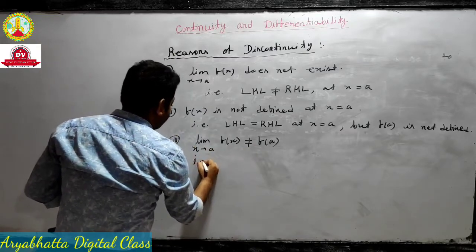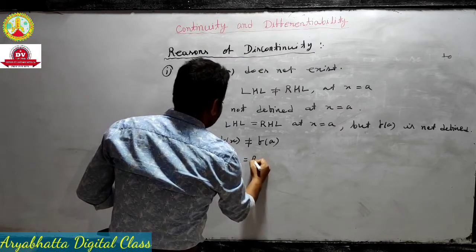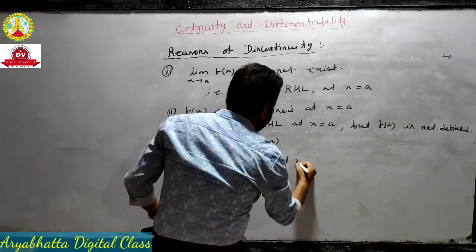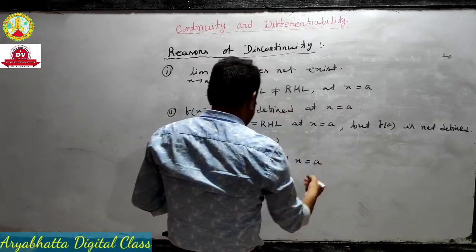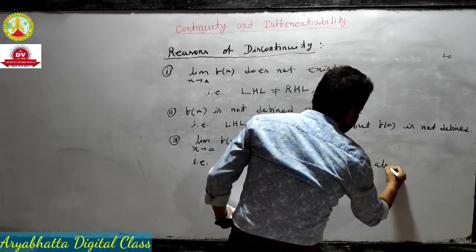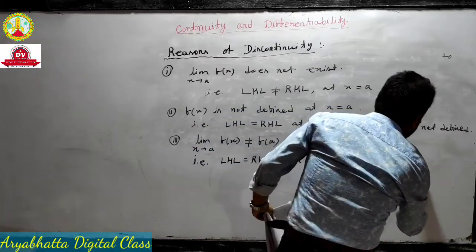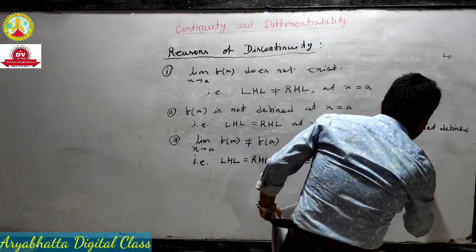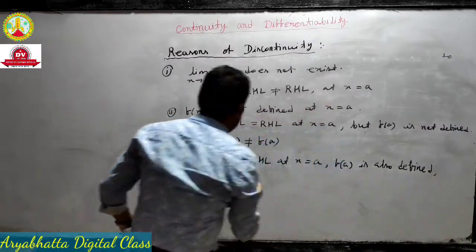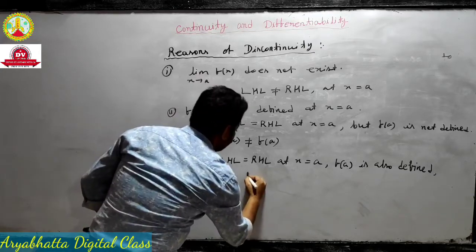That is, left hand limit equals right hand limit at x equal to a, f of a is also defined, but these are not equal.